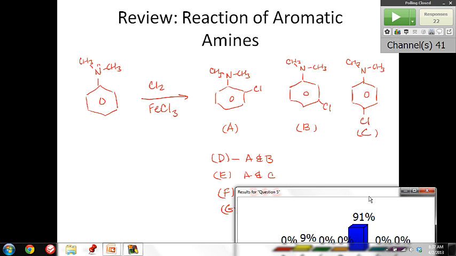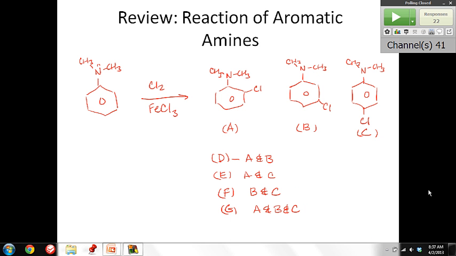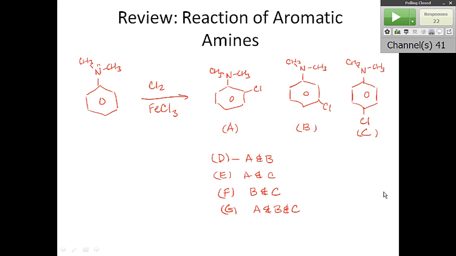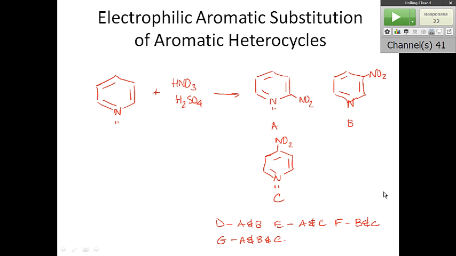Did anybody put C only? No. Probably would have taken C too, because if you were going to answer C, you could make an argument that this is a big group and it's sort of blocking the ortho position. But ortho and para is correct. Good, we remember that, or 91% of us remember that.